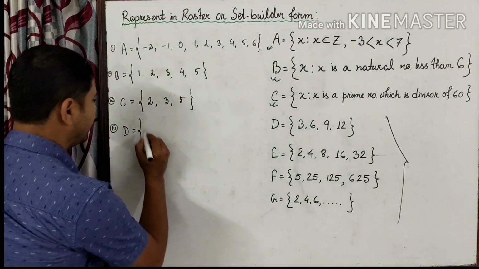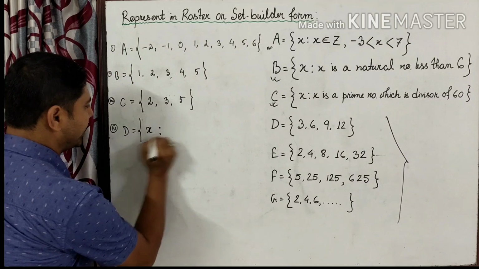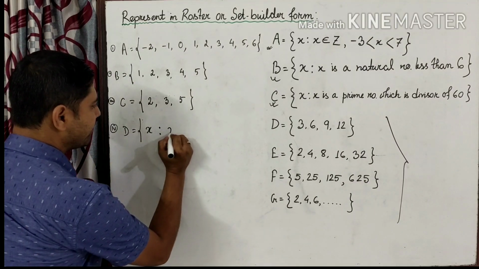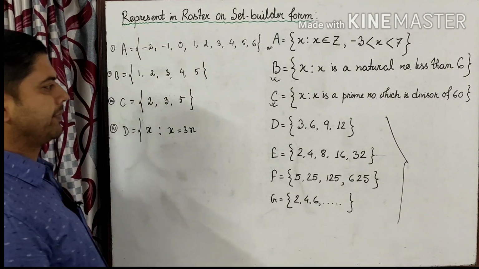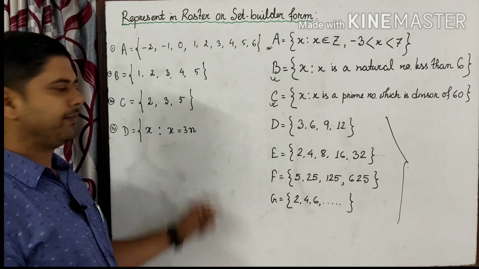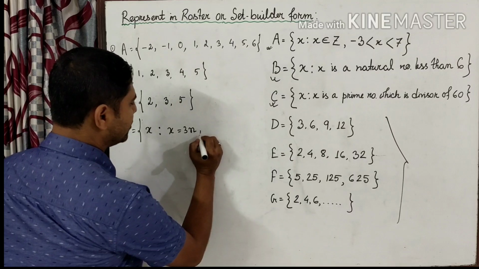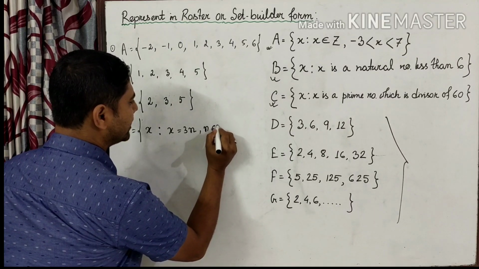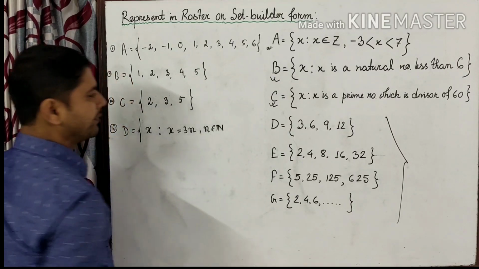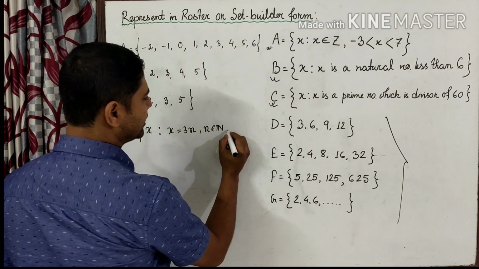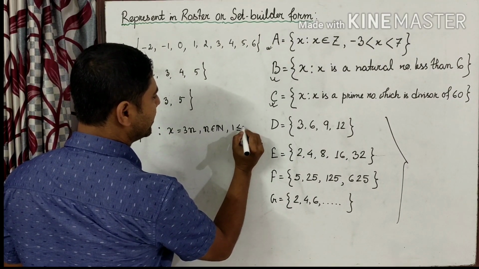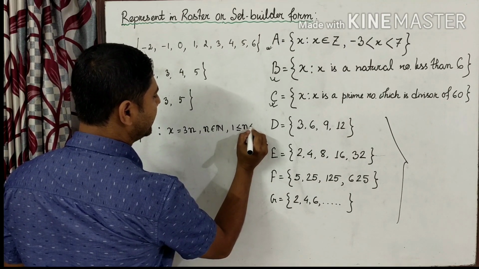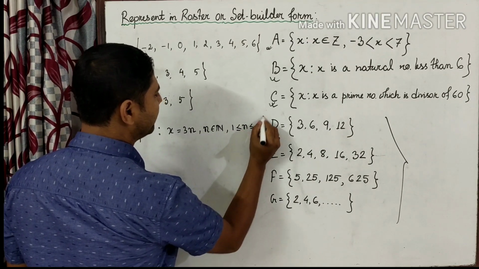That means we consider this variable x. First we have to write x is equal to, what do I write? x is equal to a multiple of 3, n, where n belongs to what? Natural numbers. And n takes which values? 1 less than or equal to n less than or equal to what? 4.